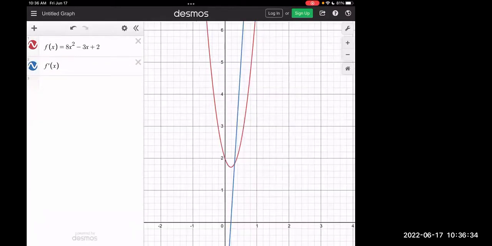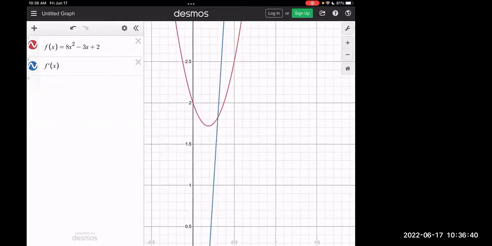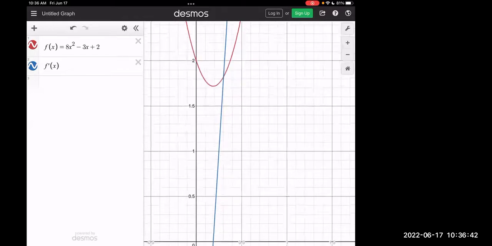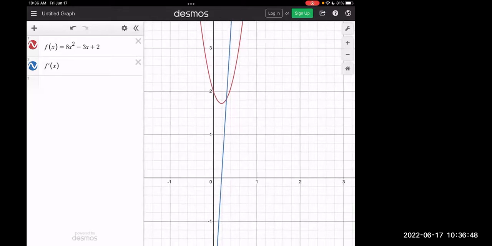But what it means, for example, is that the derivative would be 0 right here at that low point, that minimum point. So when x is about 0.188, then the derivative down here is 0. So that's how you could tell.